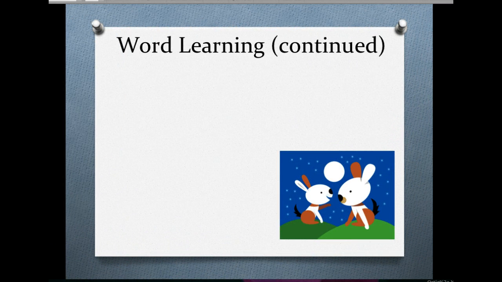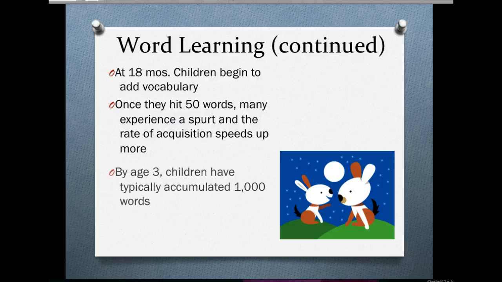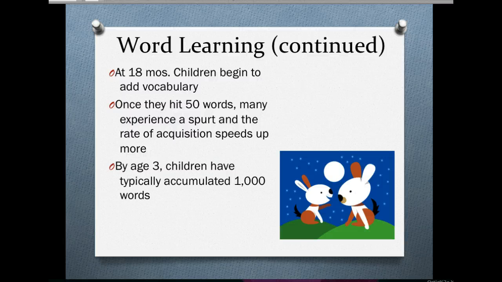Okay, so continuing with word learning. At 18 months, children begin to add vocabulary. Once they hit 50 words, many experience a spurt, and the rate of acquisition speeds up more. By age 3, children have typically accumulated 1,000 words.